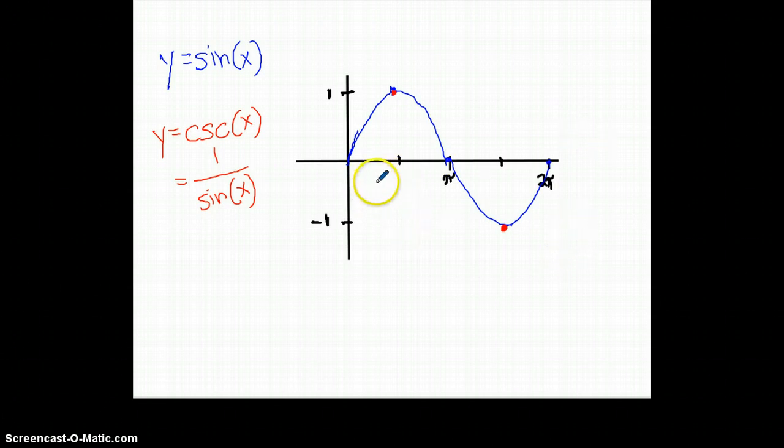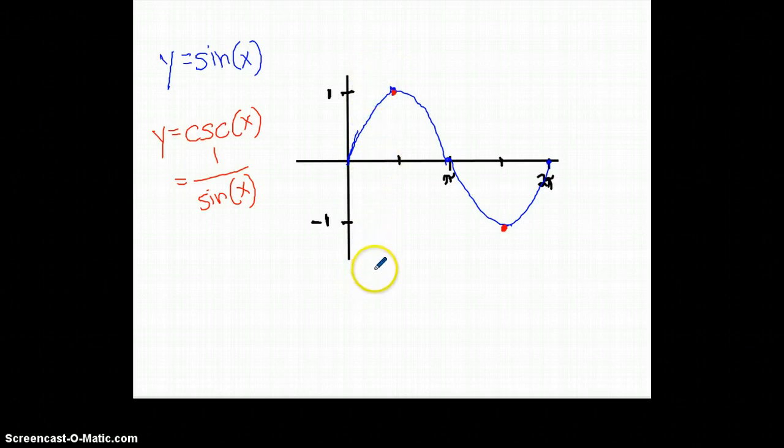Now, we have some points here where sine of x is equal to 0. Cosecant x is 1 over sine x, or 1 over 0. Well, it's undefined here. Cosecant is going to be undefined because what you would have is 1 over 0.